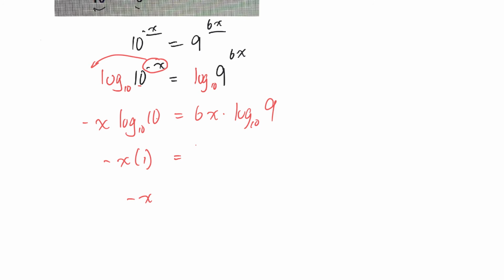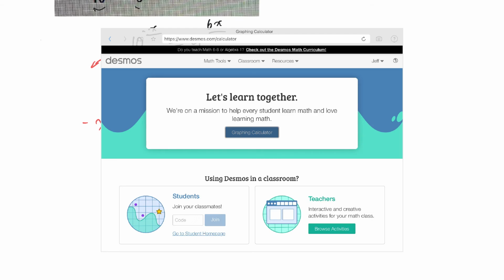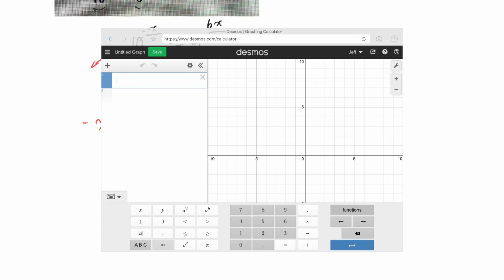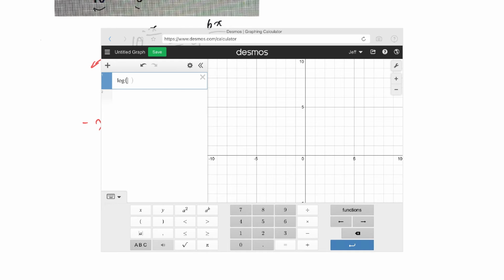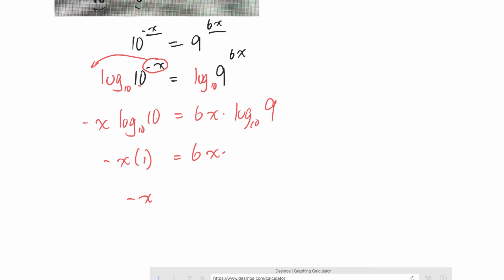On this side, I have 6x times, let's figure out what the log base 10 of 9 is. Okay, so log, where's my log button? Log of 9. 0.954, call it.